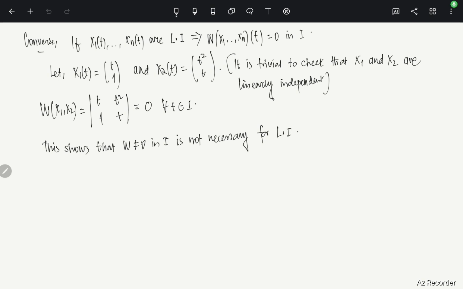So now we are going to look at this converse. When is it valid? So essentially we have this new theorem.